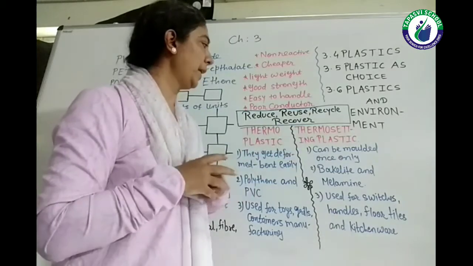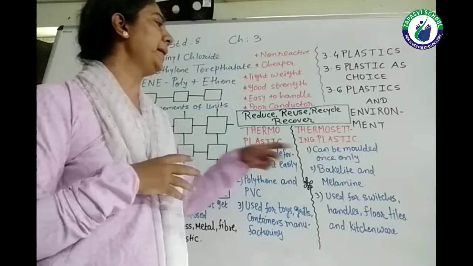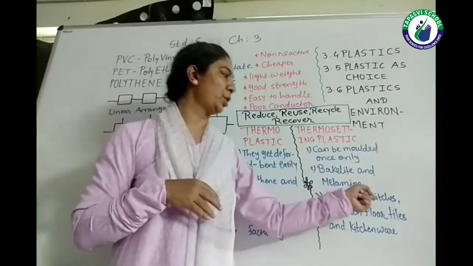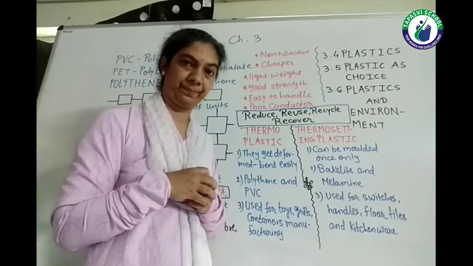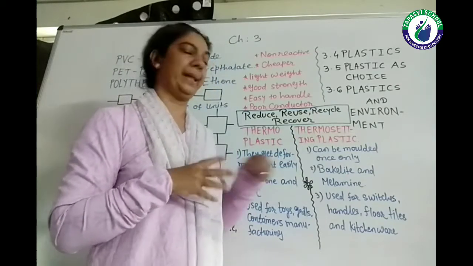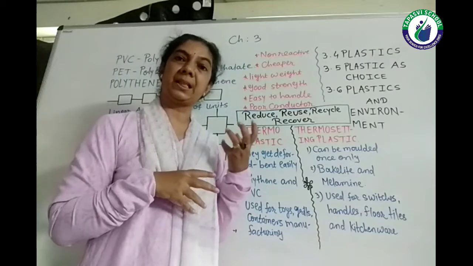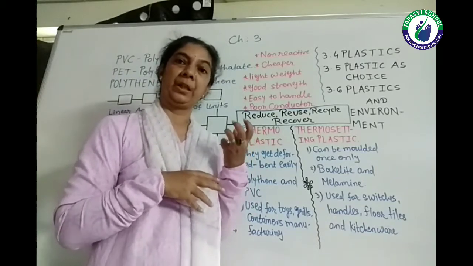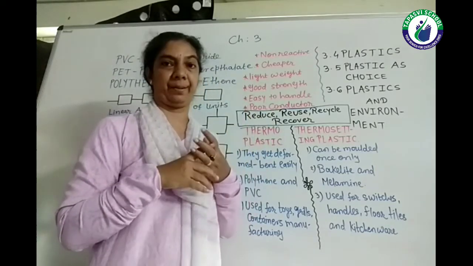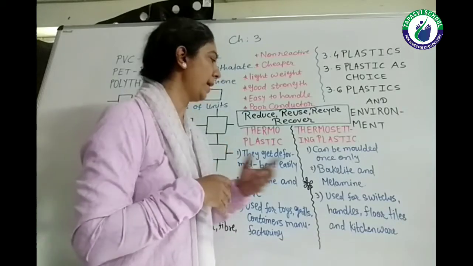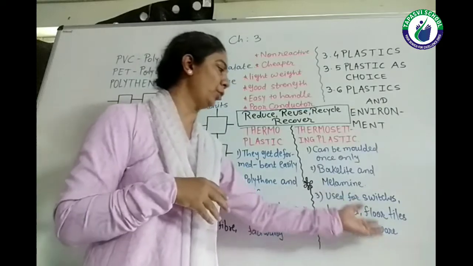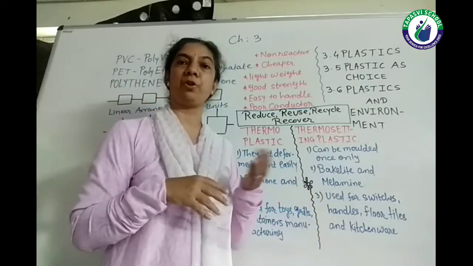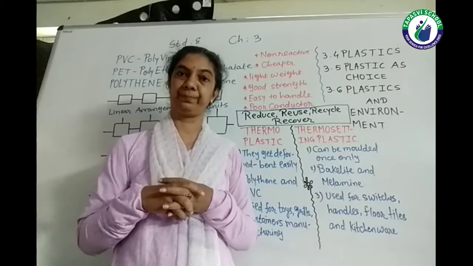While among thermosetting plastics, bakelite is used for making switches and handles of utensils. And melamine can resist heat to a large extent, and that's why it is used for making floor tiles, or different types of kitchenware also.